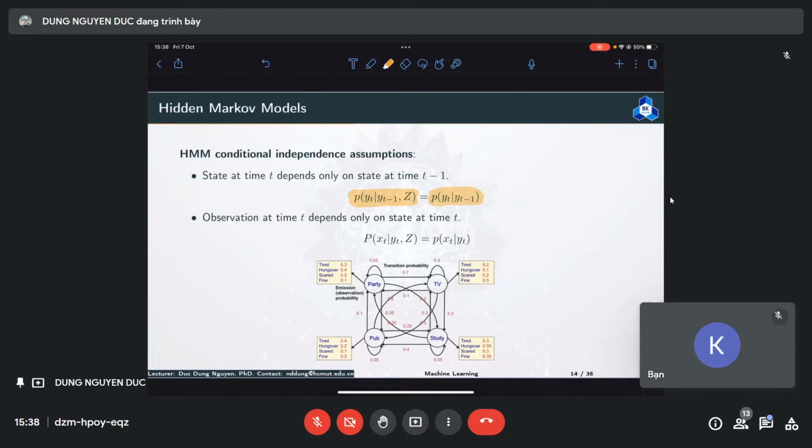And the probability of observing xt given yt and all other observations is only the probability of observing xt given yt. Those are the hidden Markov model assumptions you need.